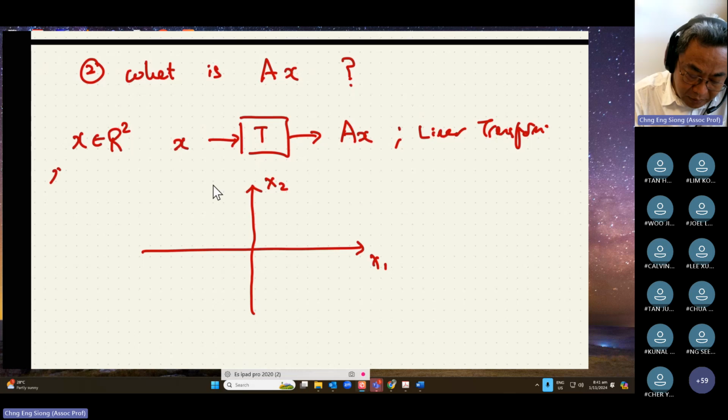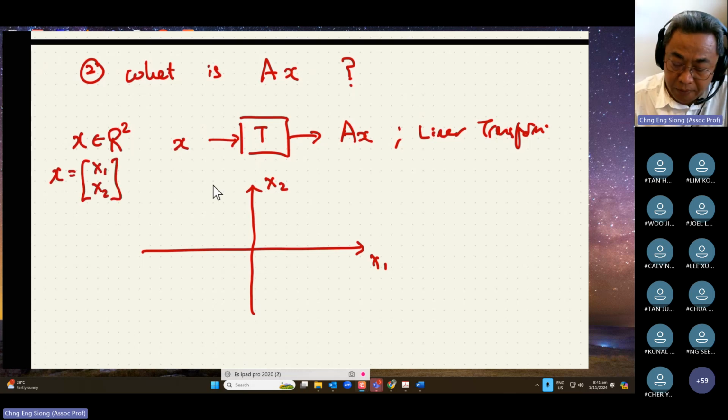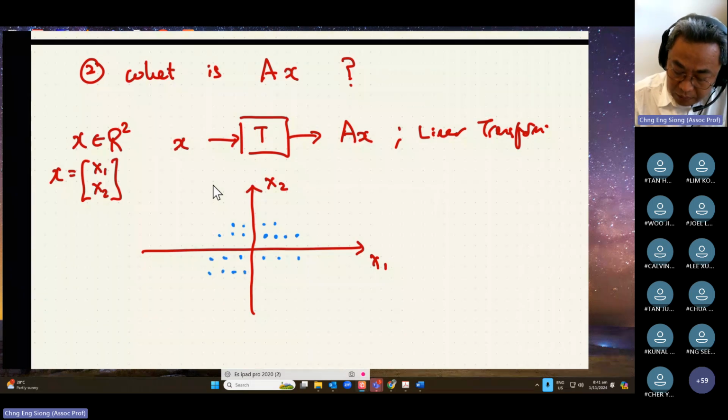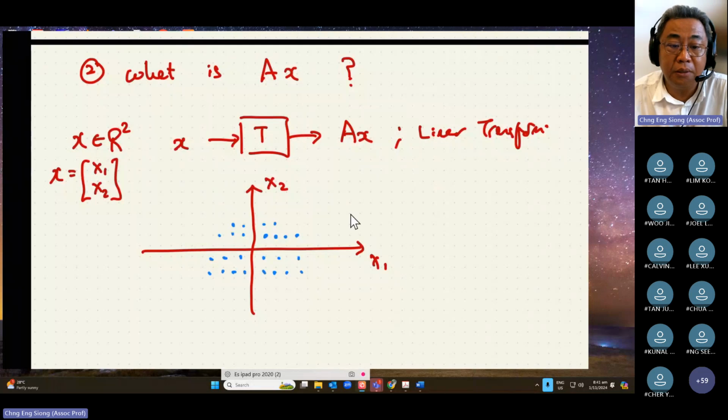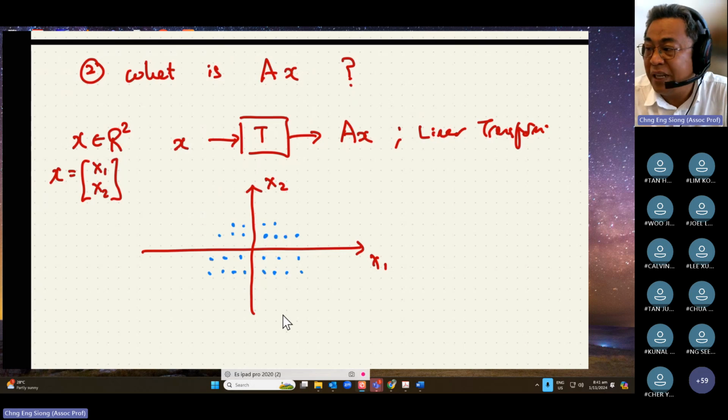Therefore, x is (x1, x2). And any element here, anywhere along this grid, in fact, because it's real, it can be anywhere, is a possible input, right? x belonging to R2 means x can live anywhere on this R2 plane. And I'm going to draw y on this R2 plane as well.